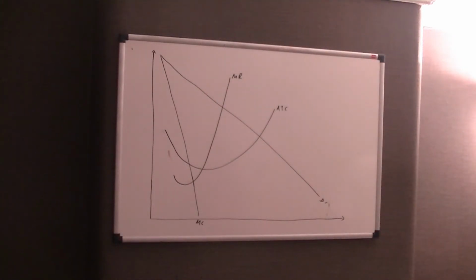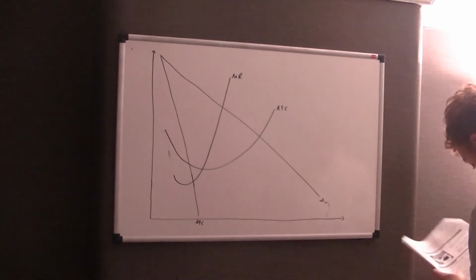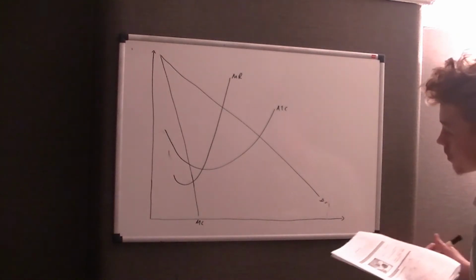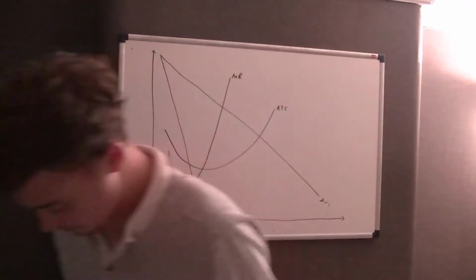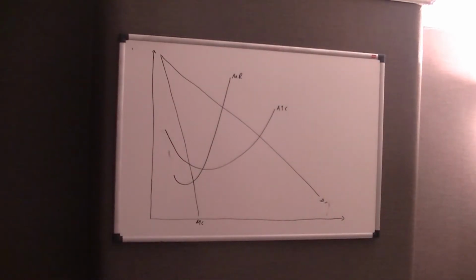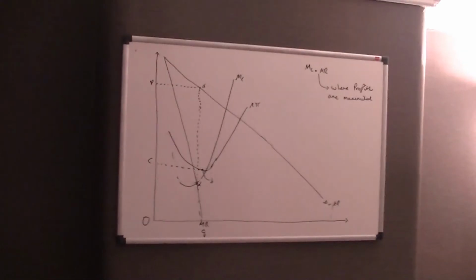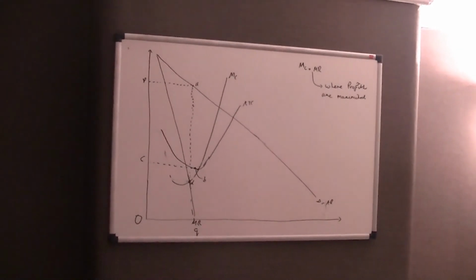I think I have, it looks like it. Just double checking my diagram. Back in a second. That's what it should look like. Sorry, I just had to double check my notes.